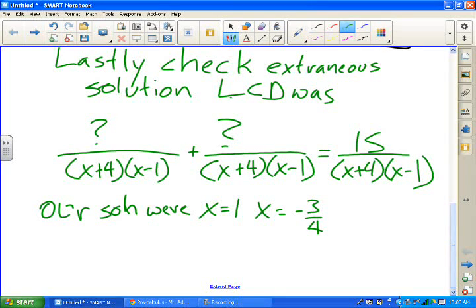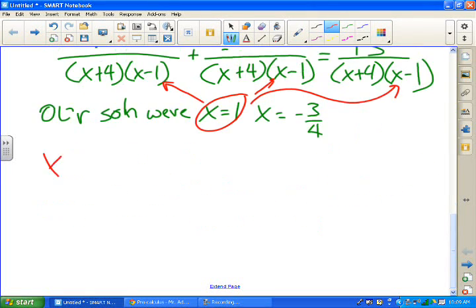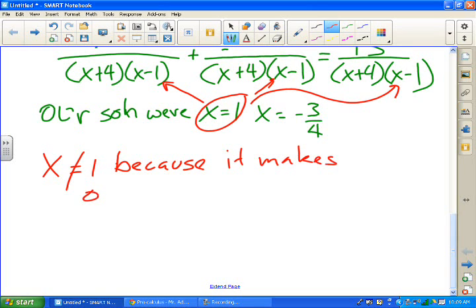If I take x equals 1 and plug it into the denominator of any one of the rational expressions, I'll get 1 minus 1, and that becomes 0. And so then my denominators become undefined. We can't have 0 in the denominator. So x can't equal 1, because it makes the fractions, or ratios, undefined.